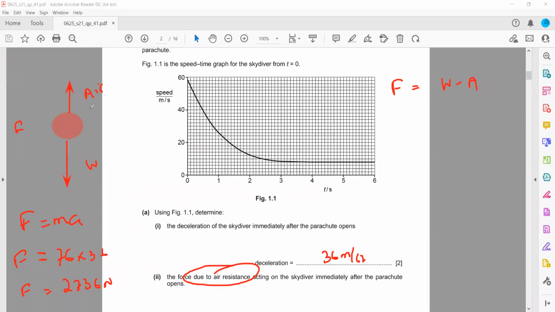How will we get the weight? Weight is mass multiplied by gravity. So mass is 76, and gravity is 10. So it will be equal to 760 newtons.